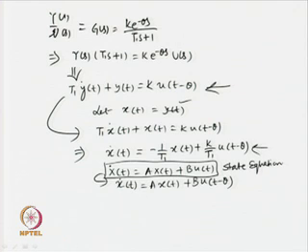Whereas, in our case the state equation we get for our first order plus dead time system is that x dot(t) = a x(t) + b u(t - θ), where a = -1/T1 and b = K/T1.